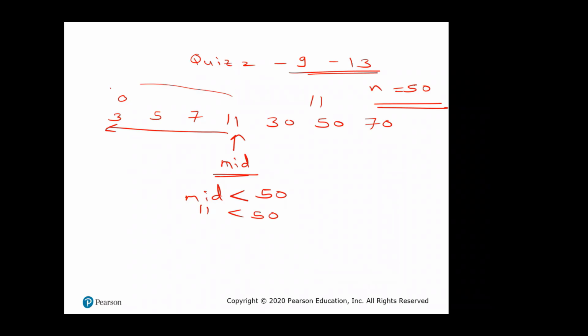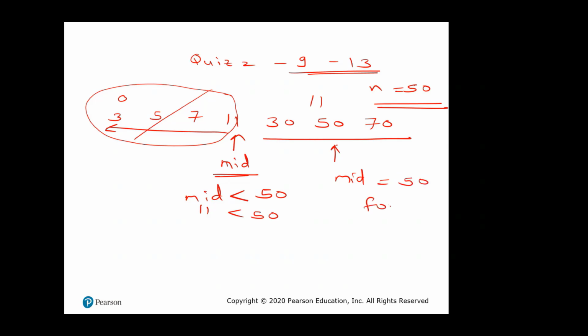So automatically this part of the list we are going to get rid of, and we find the number on the right-hand side of the list. In a way, we call binary search again on the sublist. This time, if we ask what my middle value is, that is 50, and that was the key we were looking for, so it is found.